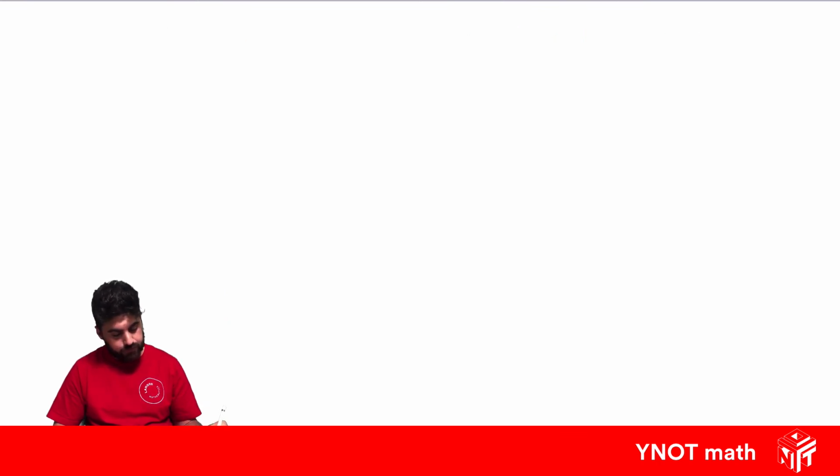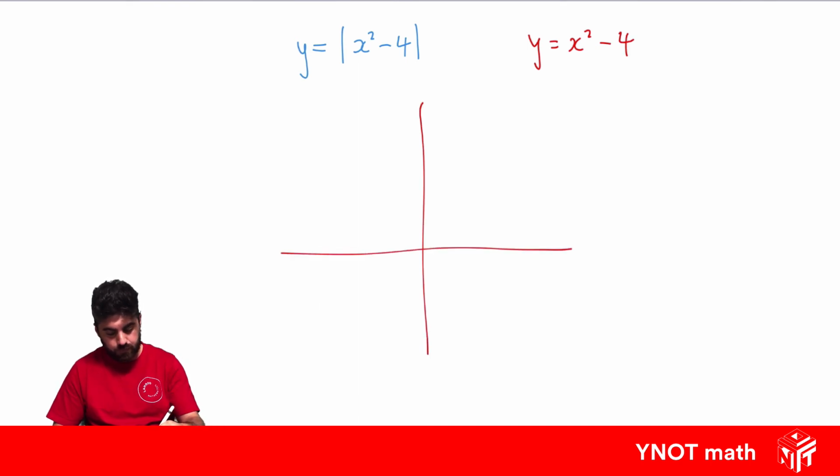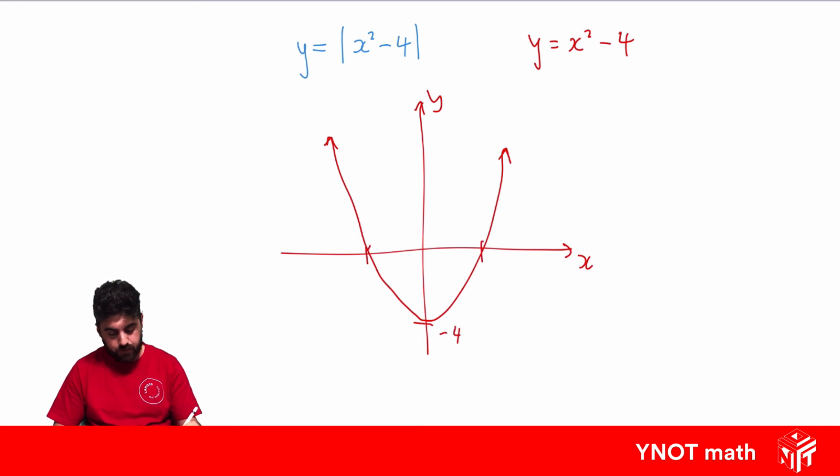Let's look at one more. y equals the absolute value of x squared minus 4. First, because it's all wrapped in an absolute value, we want to consider y equals x squared minus 4. So y equals x squared minus 4 is just a concave up parabola shifted down to minus 4 and cutting through minus 2 and 2.